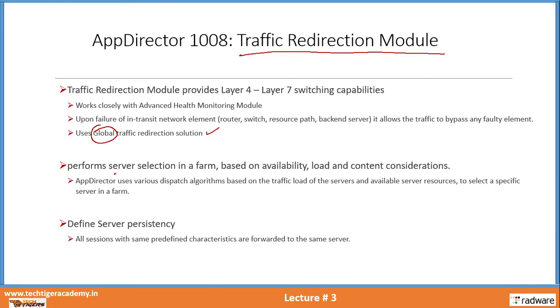Now, this traffic redirection module performs server selection in a form. Let me try to create a hypothetical example for you. The website is, let's say, TechTiger-Academy.in. These are 4 servers in the backend.